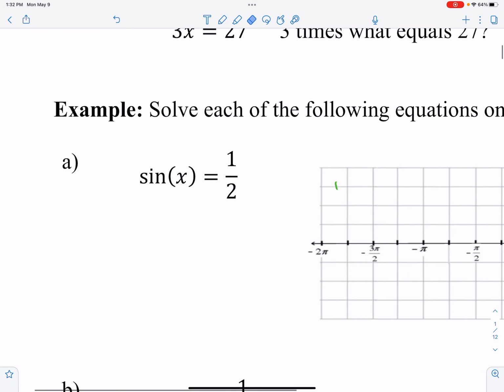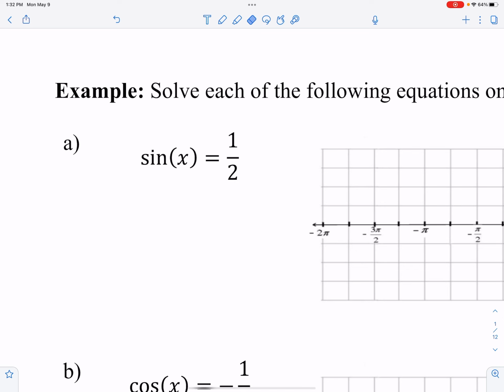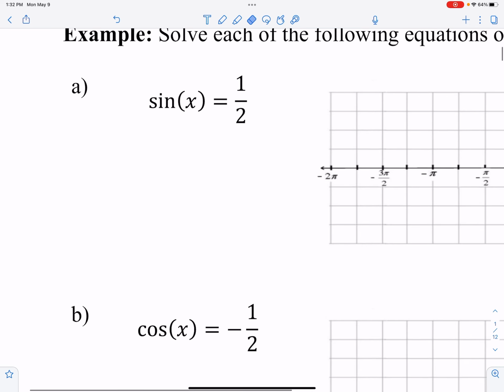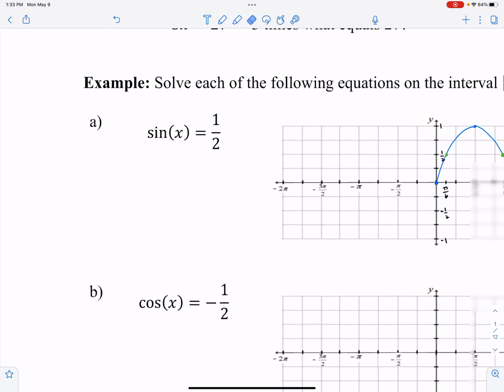So we're going to look at solving some basic trig equations first. So sine of x equals positive 1/2 and cosine of x equals negative 1/2. And positive 1/2 and negative 1/2 are both ratios from the unit circle. So we know that they're values that sine and cosine will be, and they're also more specifically values from the unit circle, where we can visualize the unit circle in order to come up with the solutions.